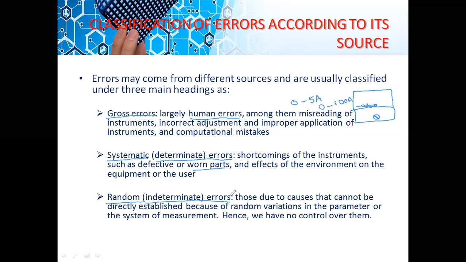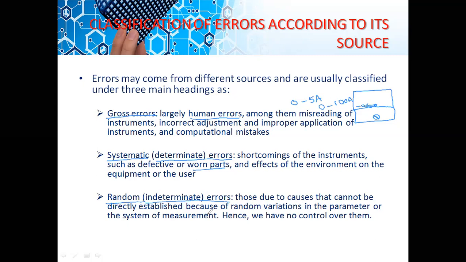Random error is indeterminate error, and these kind of errors are not controlled. We will not have any control over them. Let us see what is random error. So random errors are those errors due to causes that cannot be directly established because of random variations in the parameter or the system of measurement.